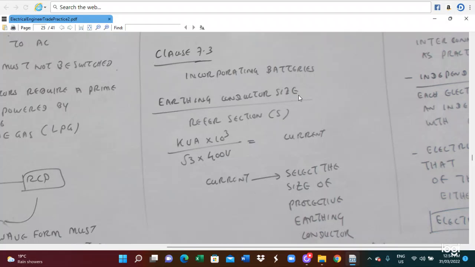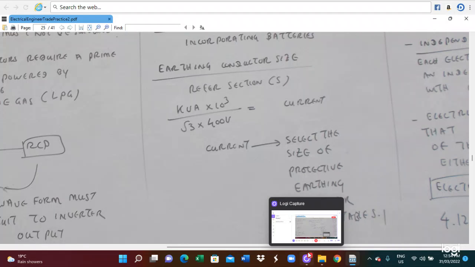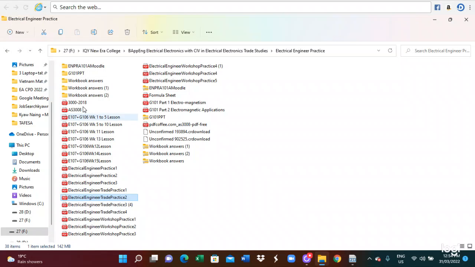So the earthing conductor size has to be selected. In this case, for the earthing conductor size, we have to refer to section 5 of AS/NZS 3000. Depending on the supply current, kVA multiplied by 10 over root 3 and 400 volts gives you the current. Based on the current, we have to select the protective earthing conductor size. It must be from table 5.1 of AS/NZS 3000.